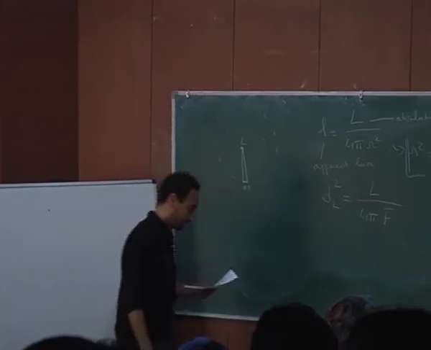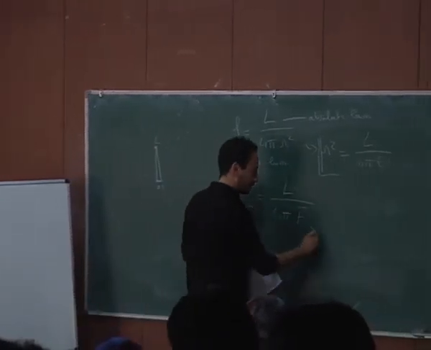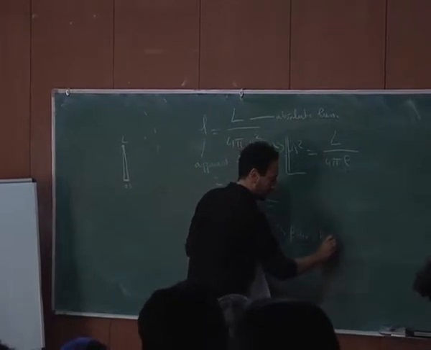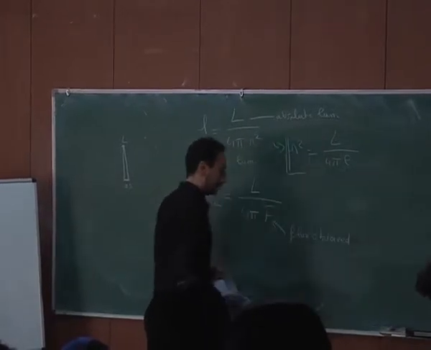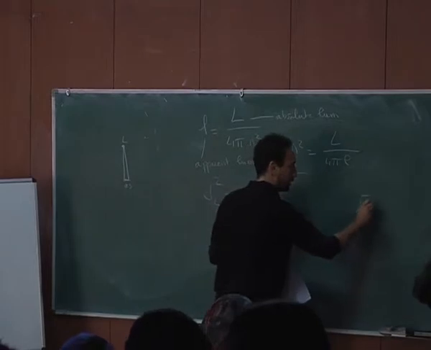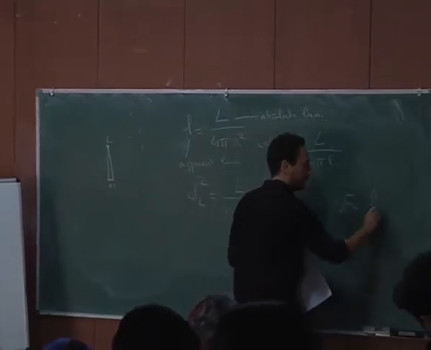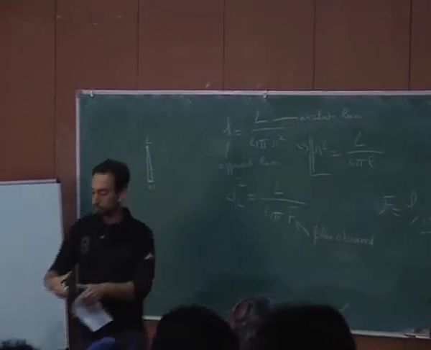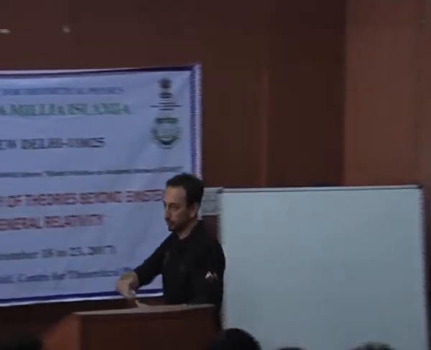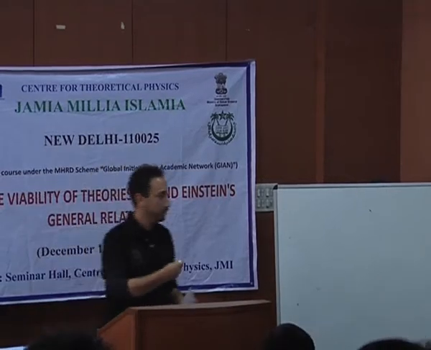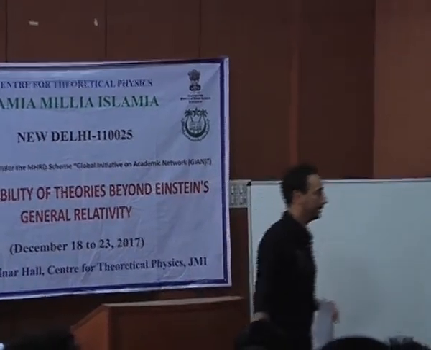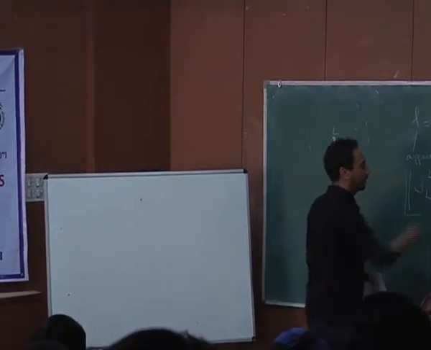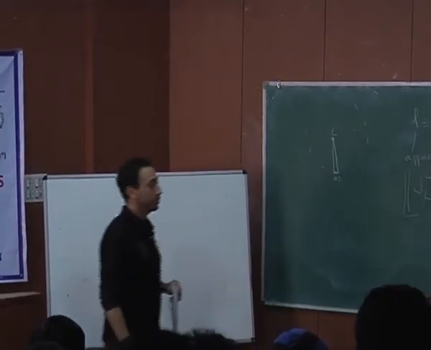F is the flux which is observed, and this flux is just the luminosity divided by the surface of our camera or anything that we receive. We just receive some flux. This quantity we take from here and we call it the luminosity distance.